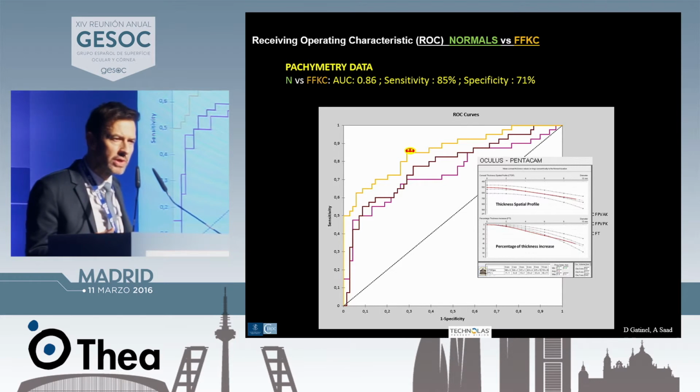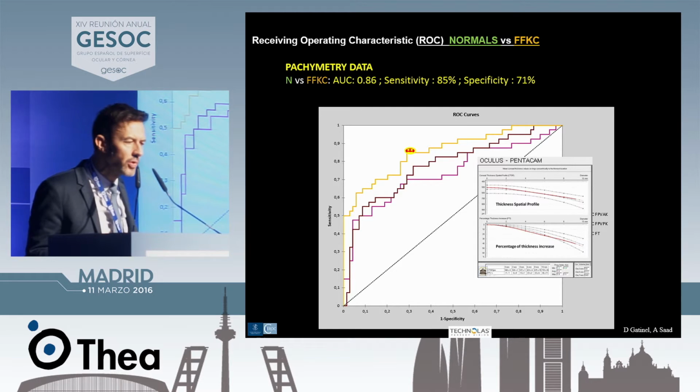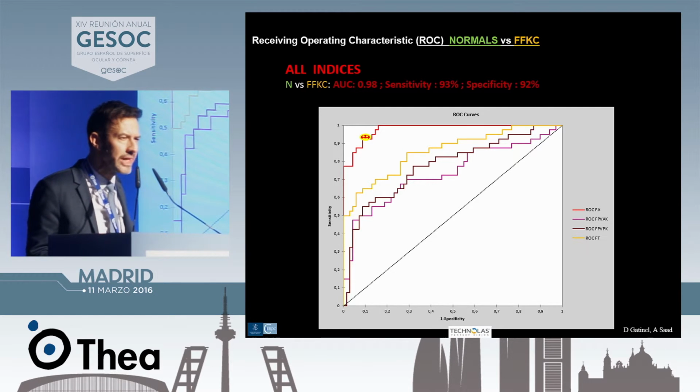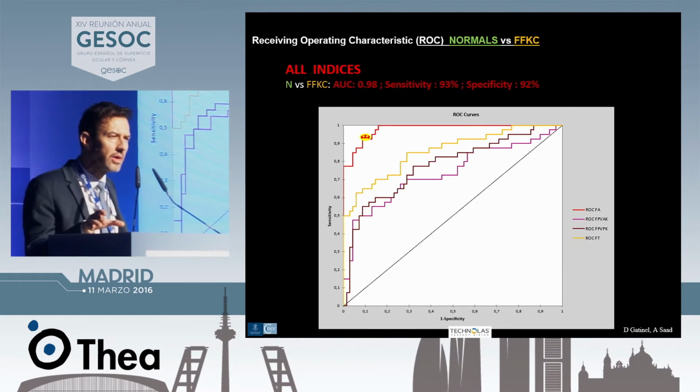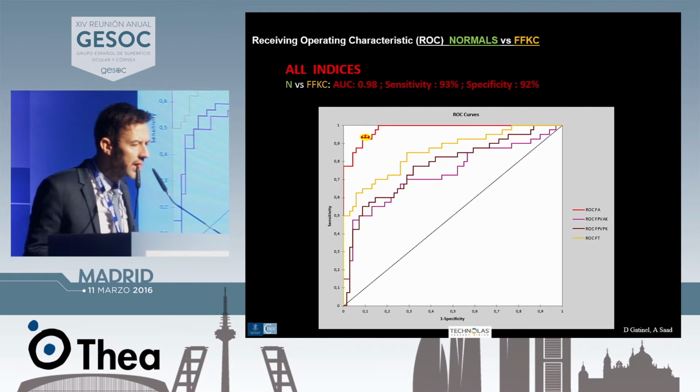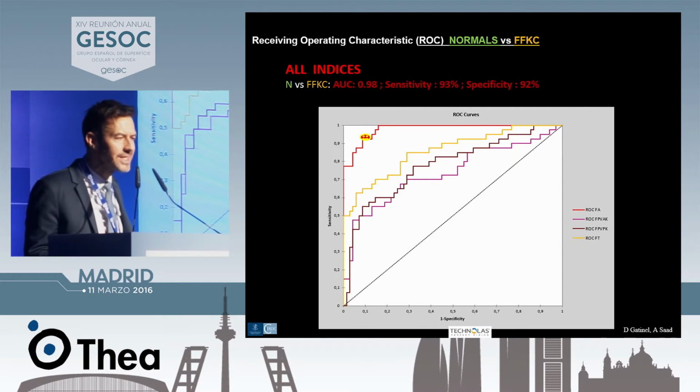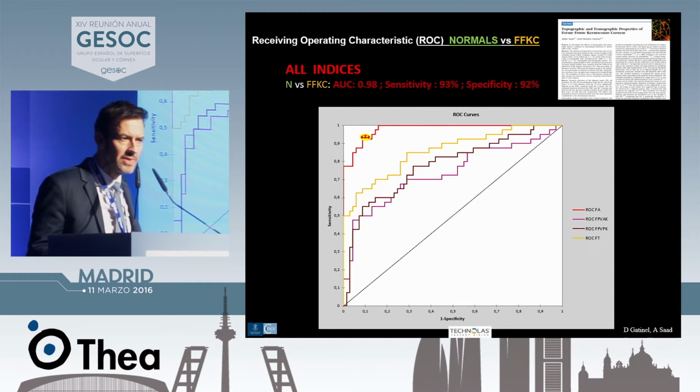If you go to pachymetry in our tomography, you see that it's probably a significant step ahead toward better separation between normals and form fruste. But the best separation was, of course, achieved when we combined linearly all these indices together. And you could see now we had acceptable separation with good sensitivity and specificity between those groups.